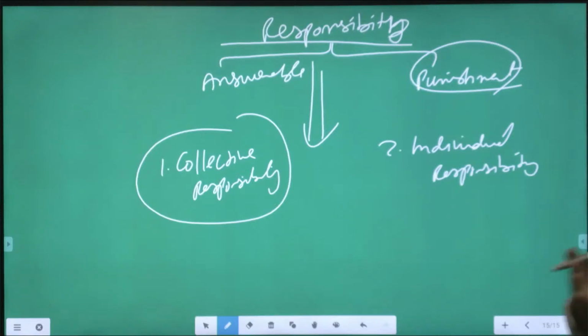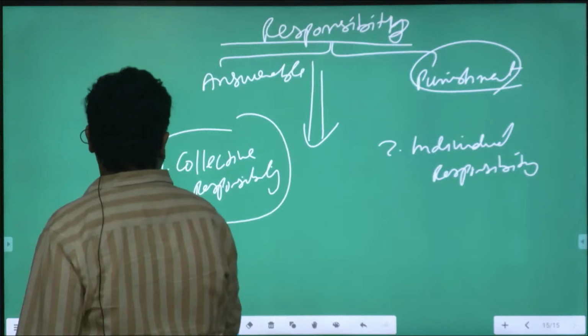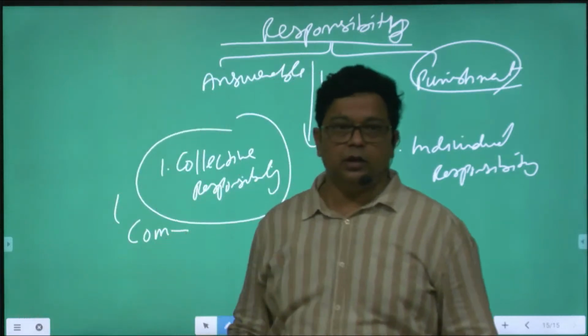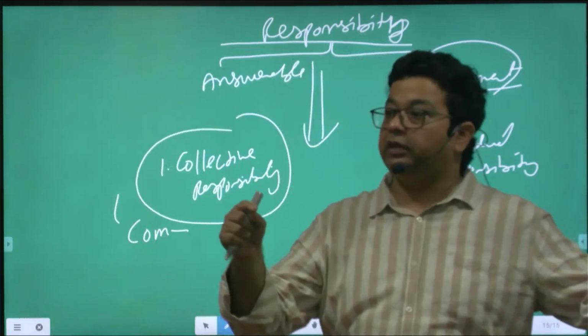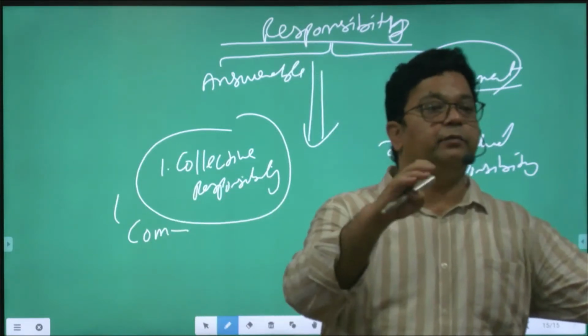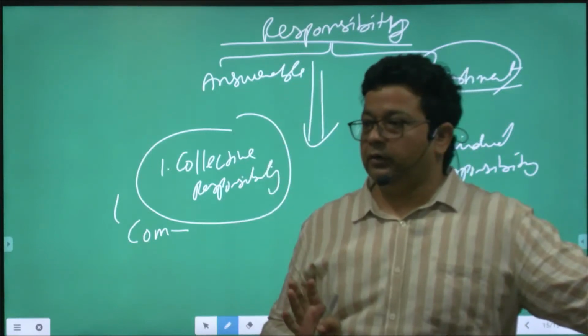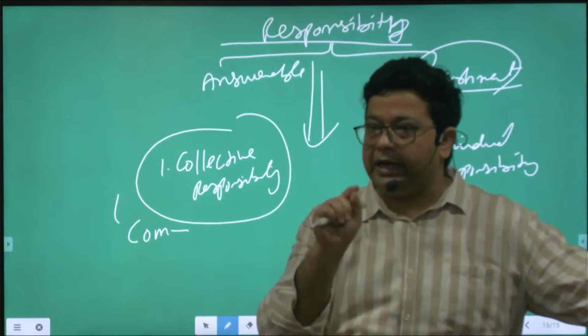Collective responsibility, yes, a group of people. Here we are talking about the ministers. So the Council of Ministers is collectively responsible for the acts they have done or not done, whether by an individual or the whole.